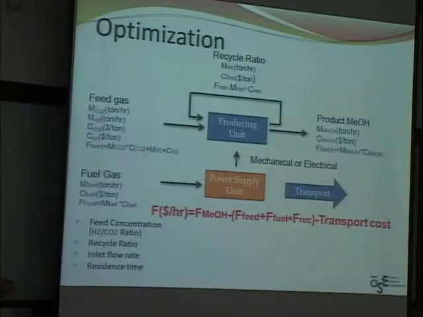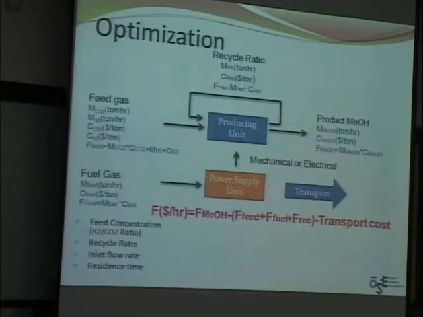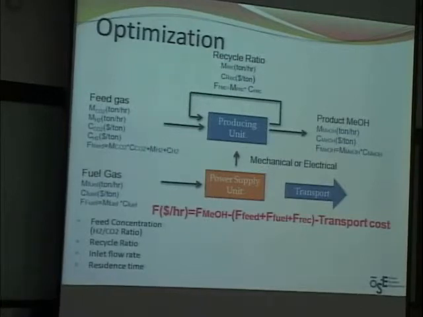Therefore, it is usual to use the residue material to return to the feed gas. It means the recycle ratio. But if we get the maximum production rate with the maximum recycle ratio, but if we increase the recycle ratio, it means we increase the operating cost.